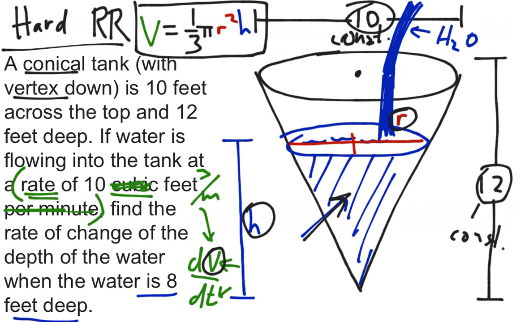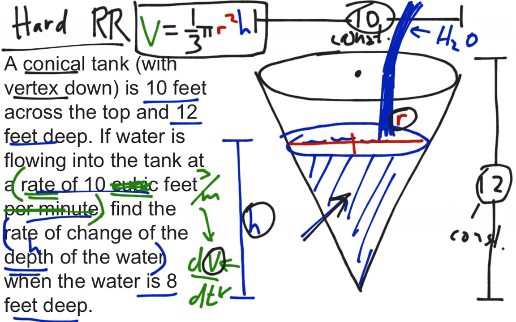Now, this is why this problem is special and different from the other types of problems that we've done. Read the rest of the problem, and let's see if we can pick out any other information. So, we got a vertical tank, and it's got those constants. And we have dV/dt here, and we want to find the rate of change of the depth, or in this case h, of the water.